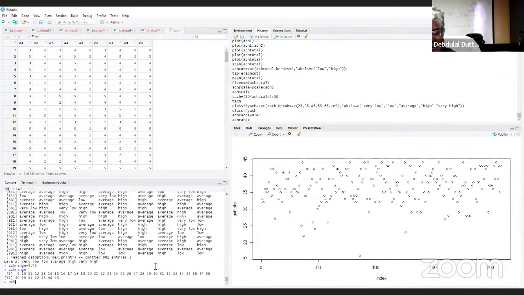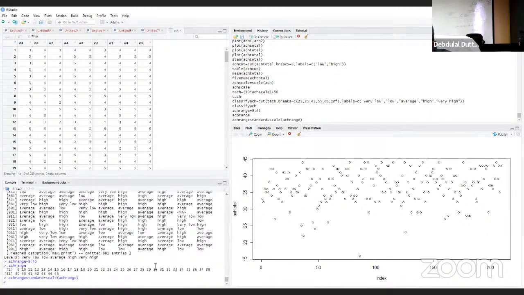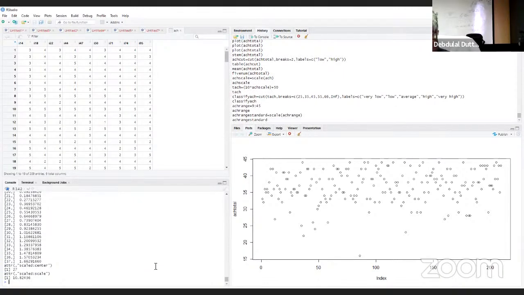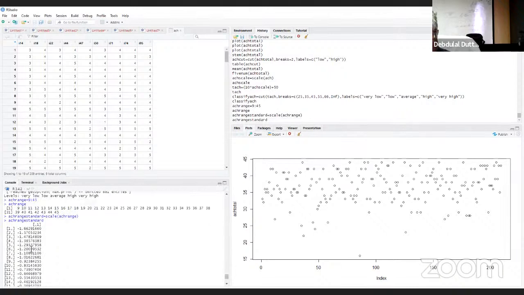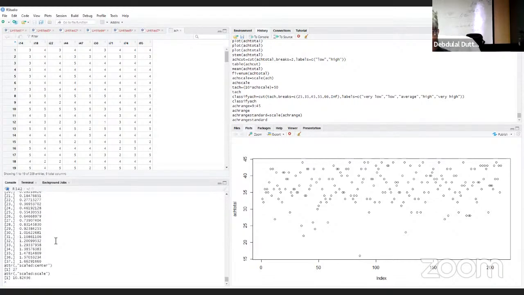We can write H range standard, a vector, equal to scale range. So this is the standard score of the range till 45.